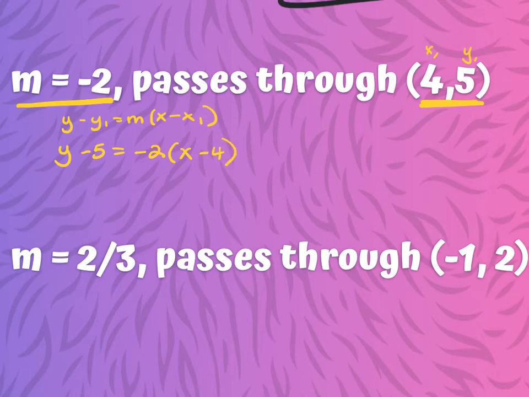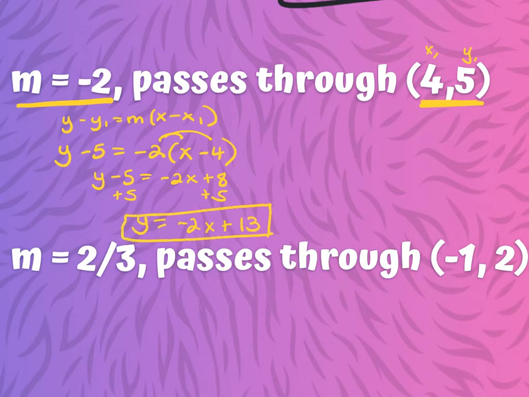I've got to solve this for y, so what would you do first? Distribute the negative 2, y minus 5 equals negative 2x plus 8, and add the 5, y equals negative 2x plus 13. That's option 1.